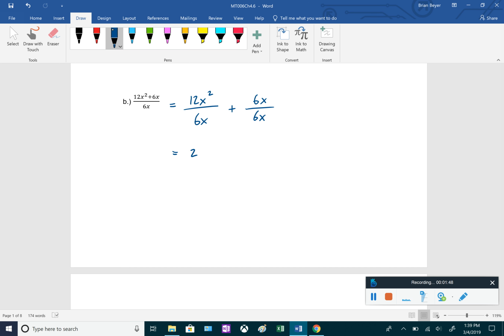X squared divided by x is just x. We have to remember that that would be like subtracting the exponents. X squared divided by x is x to the 2 minus 1, x to the 1, which is just x. So 2x plus, and then 6x divided by 6x is just 1. So that whole thing simplifies to 2x plus 1.